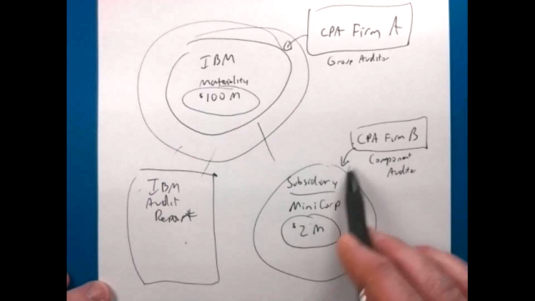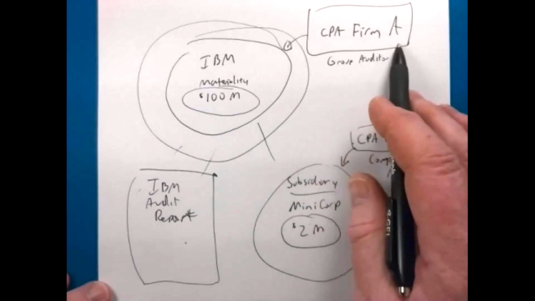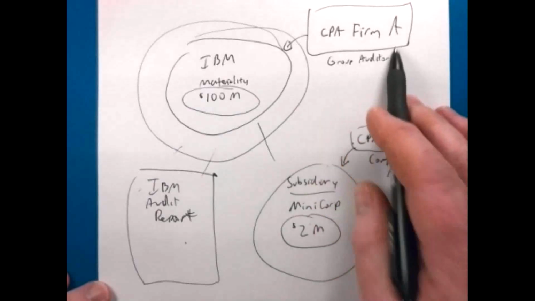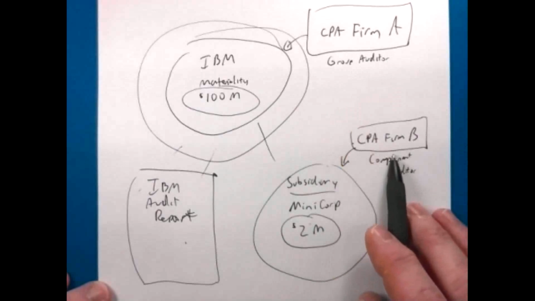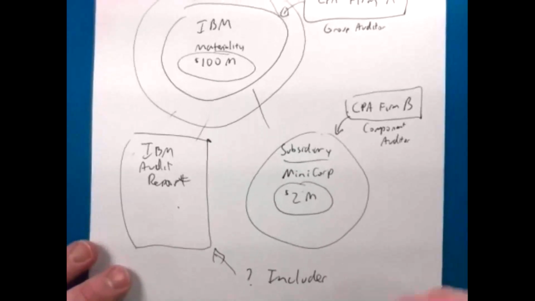Are they going to say the subsidiary Minicorp was audited by CPA Firm B? It's up to the group auditor to decide whether they want to list them by name or not, and split up the responsibility. So here's the question: do you want to? You guys can't see this.